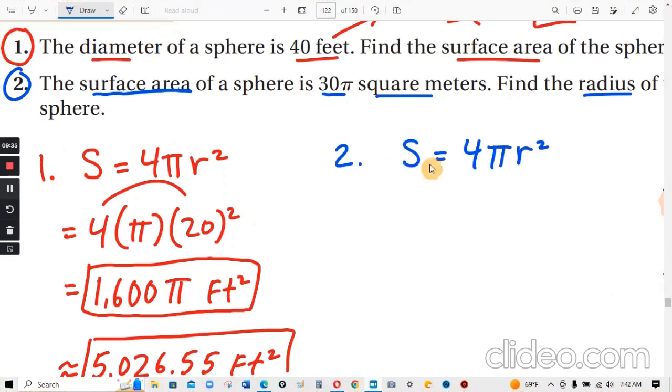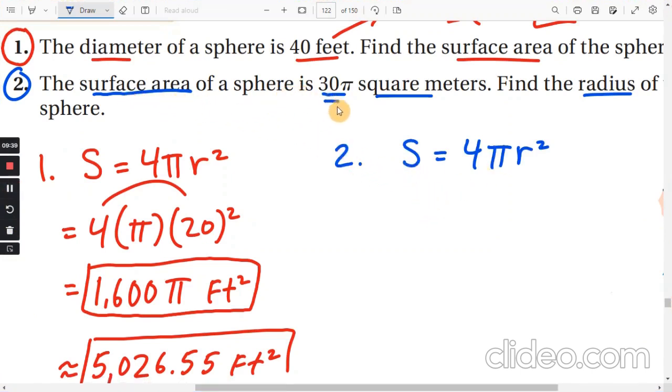All right, same formula, but we're working backwards. The surface area, S, is 30 pi, so in place of S, I'm just going to plug in 30 pi. And that equals 4 pi r squared. All right, these terms are all multiplied by each other. The r squared is times 4 pi.